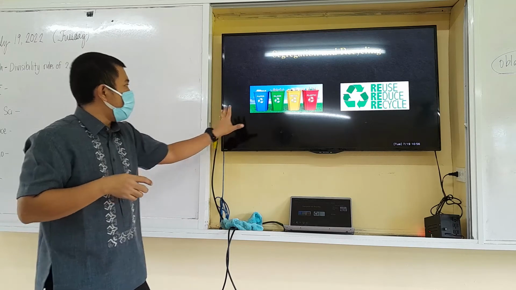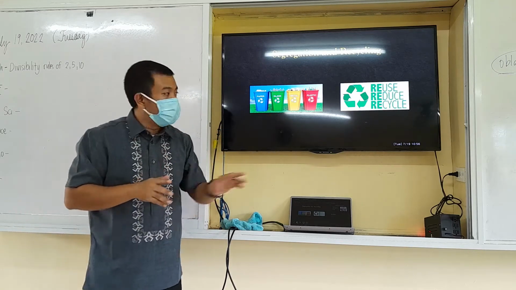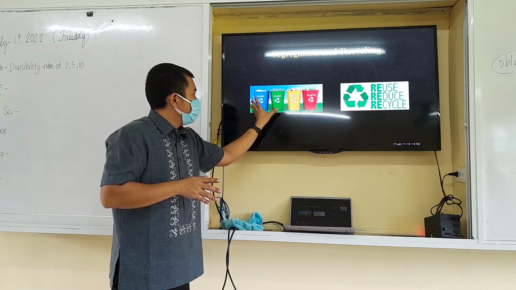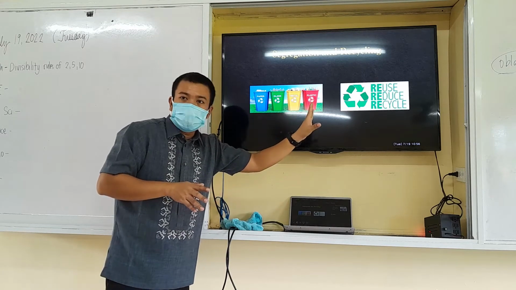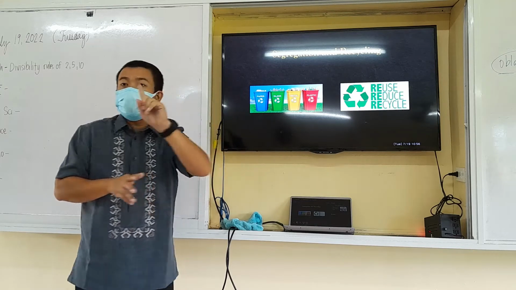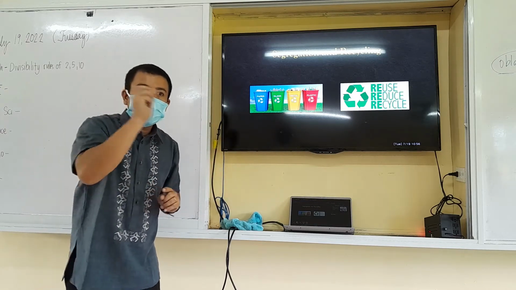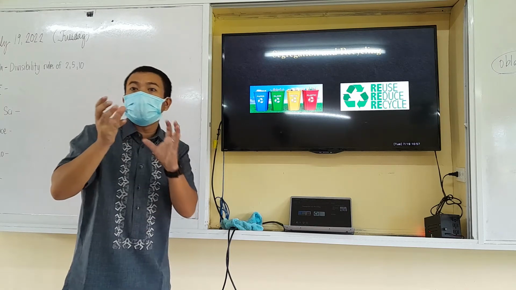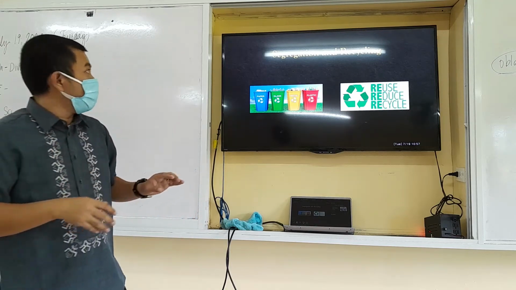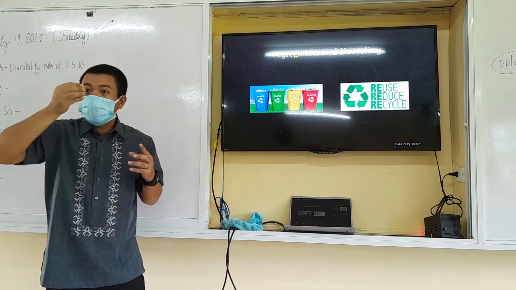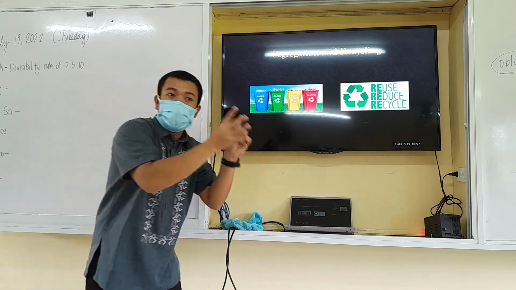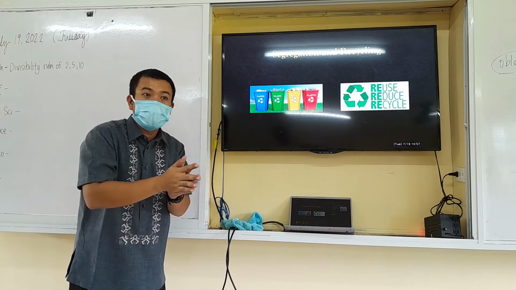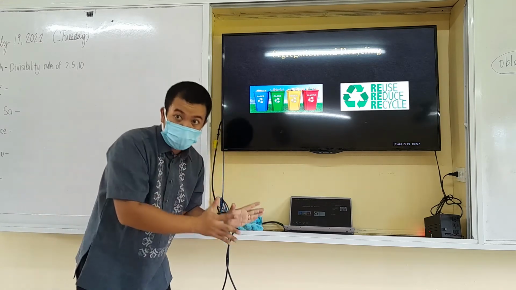Have you noticed that even here in school, we have garbage cans that are properly labeled? Because it would train you how to segregate properly. Segregation would help you to identify materials that can be used, or can be recycled, or that is already disposable.